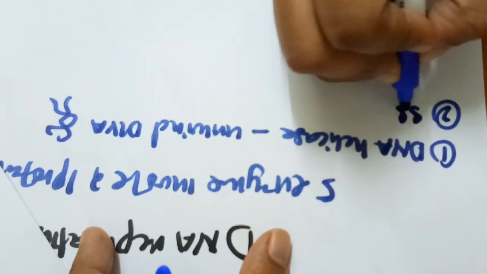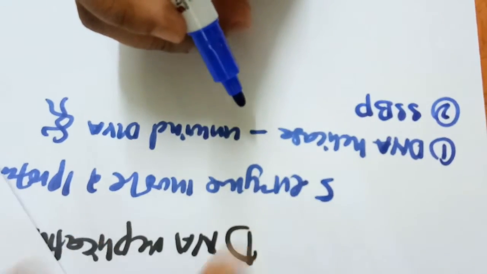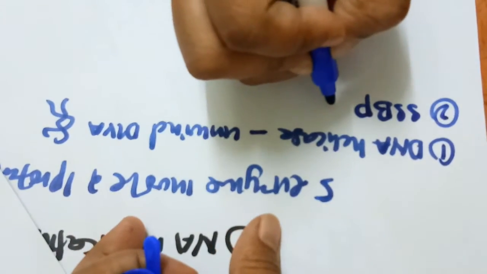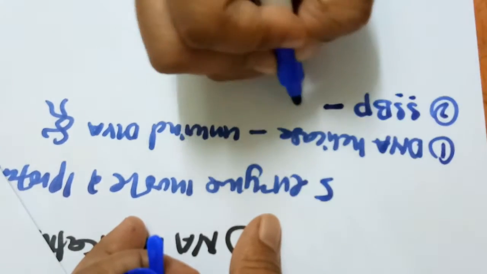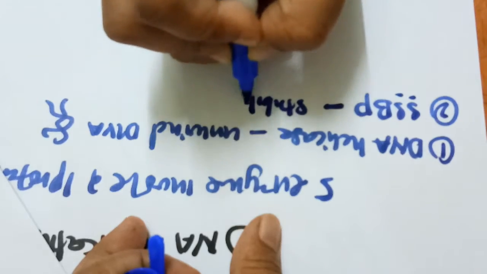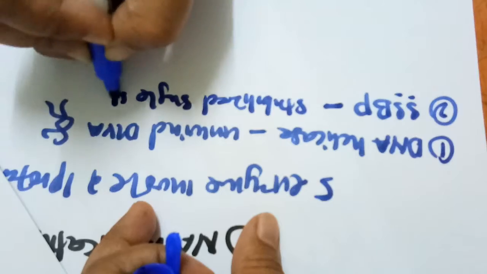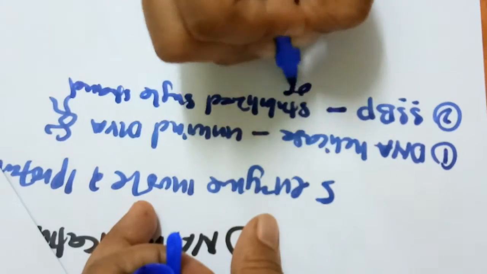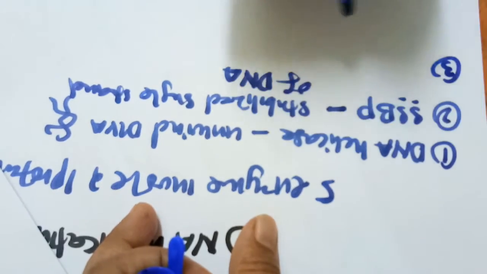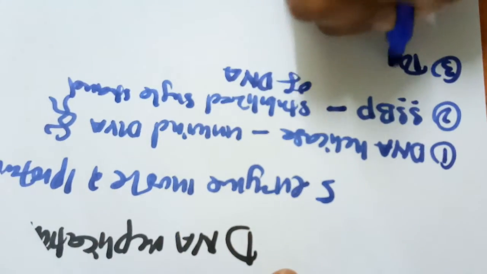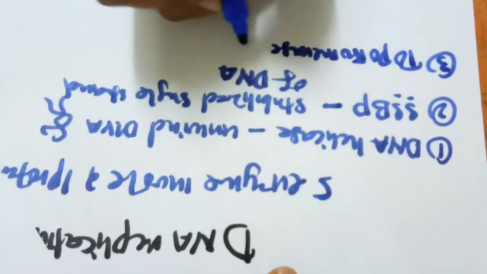And then the second one is single stranded binding protein. Nanti kita tengok dia punya dalam you all punya nota kuliah. Single stranded binding protein function is to stabilize single strands of DNA. The third one is topoisomerase.